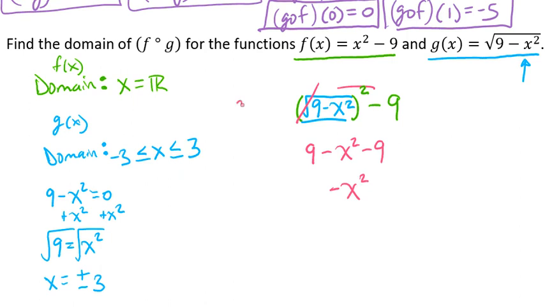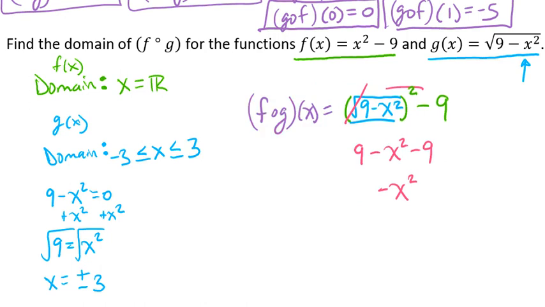So here is our f of g. Well, let me write that a little bit better. And so our final answer for our composition of f of g of x is negative x squared.